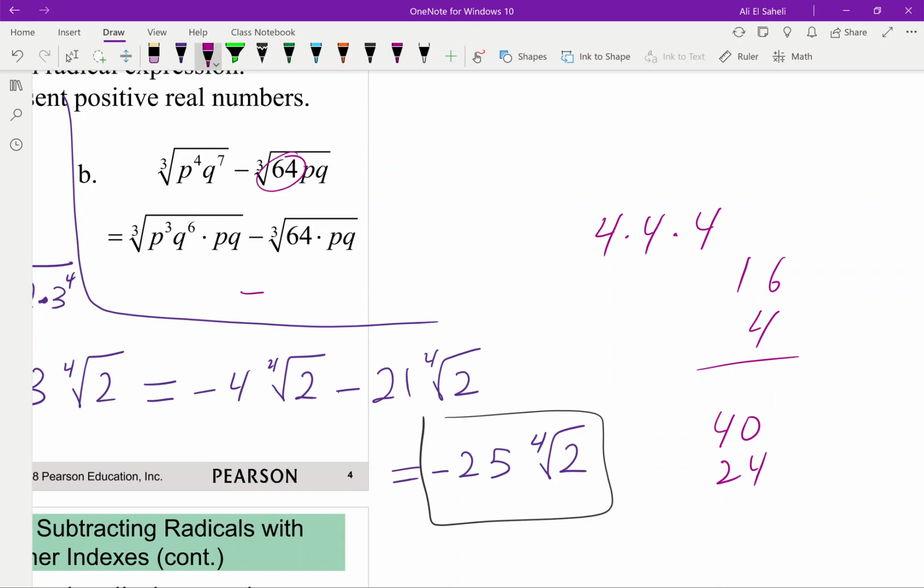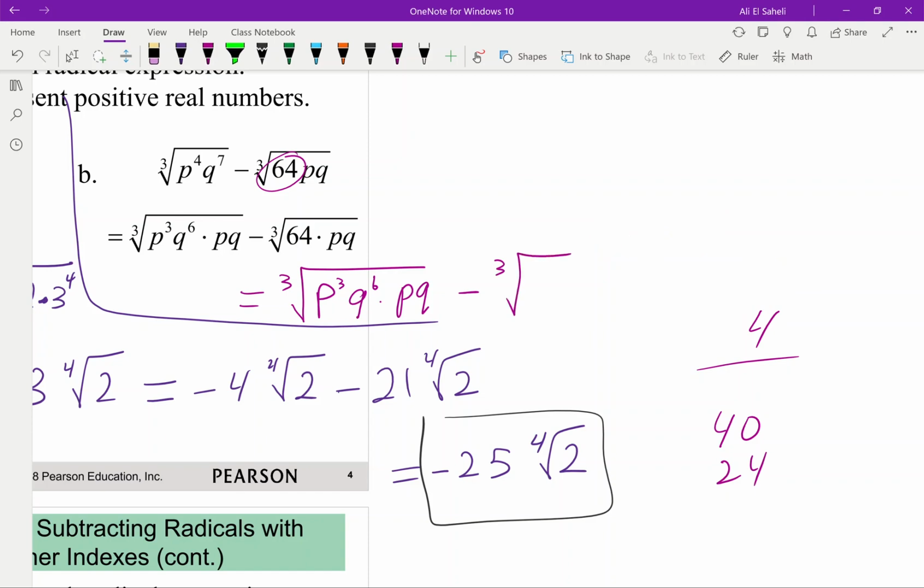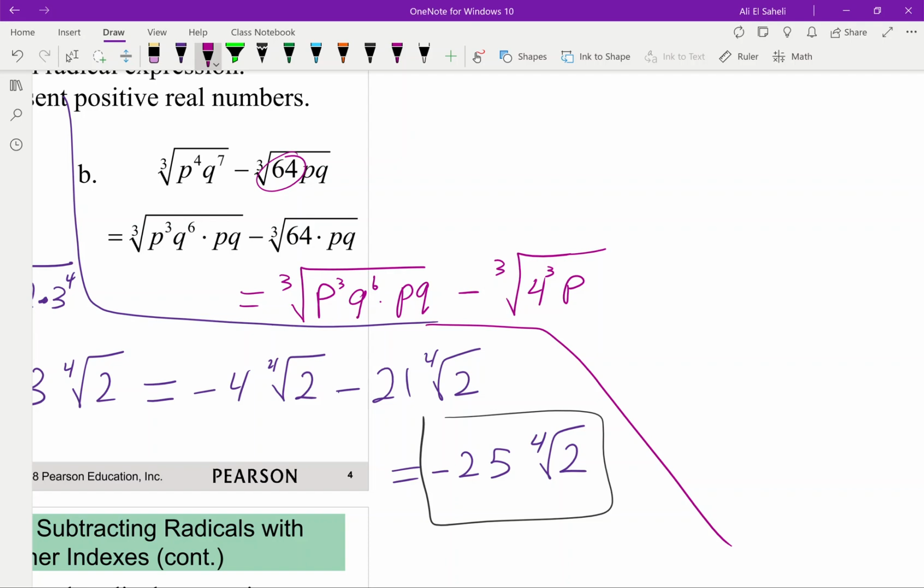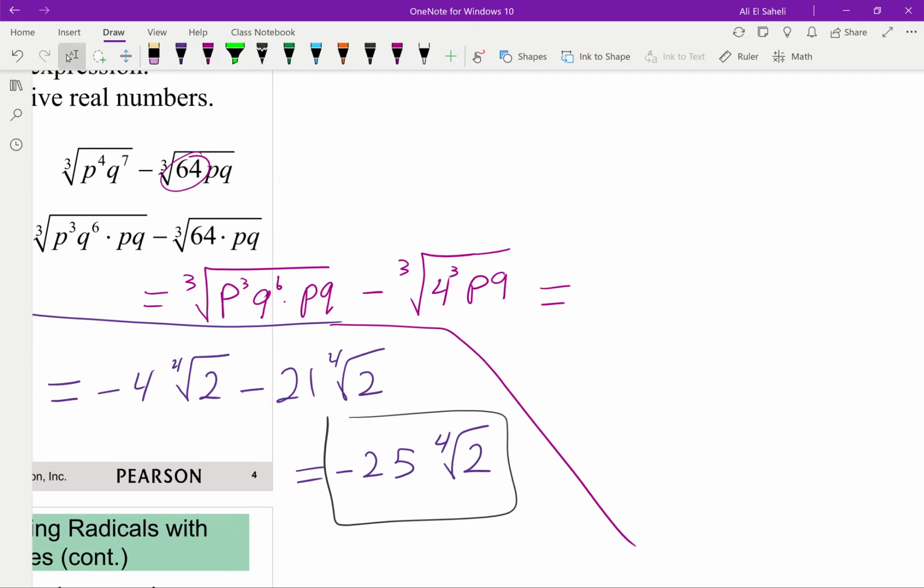So this is the cubic root of P to the power 3, Q to the power 6, and we're left with PQ, minus the cubic root of 4 to the power 3, and we have PQ. Okay, P comes out, P to the power 3 over 3.